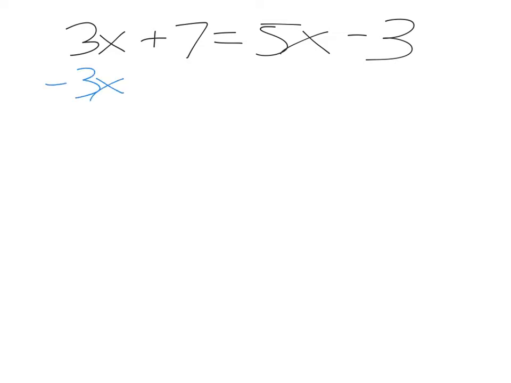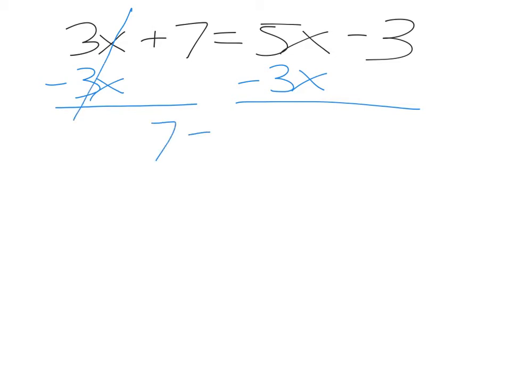The 3x and the negative 3x cancel out, and I get 7 equals, what's 5x minus 3x? 2x, and then I get minus 3.